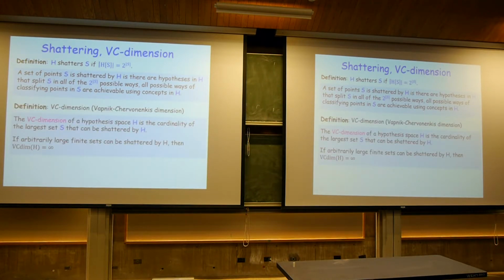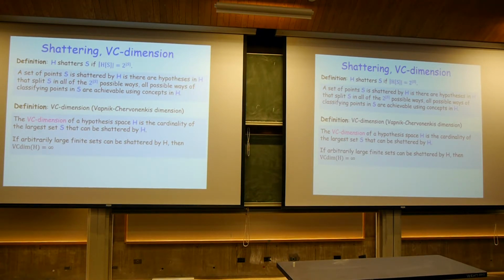And now what is the VC dimension of a concept class? The VC dimension of a hypothesis space or concept class is the cardinality of the largest set S that can be shattered by my hypothesis space. In the case where arbitrarily large finite sets can be shattered by H, then the VC dimension is infinite.